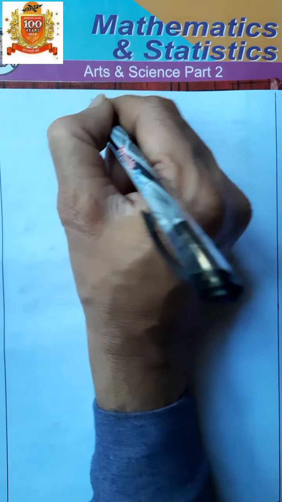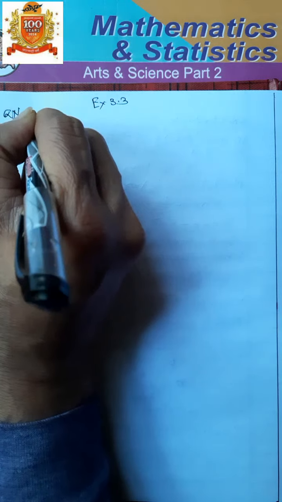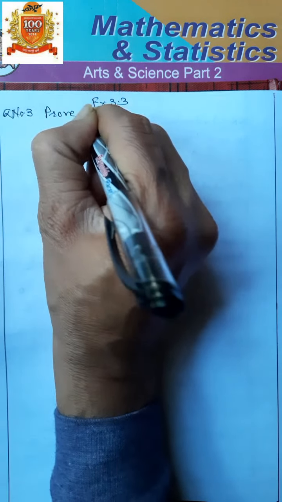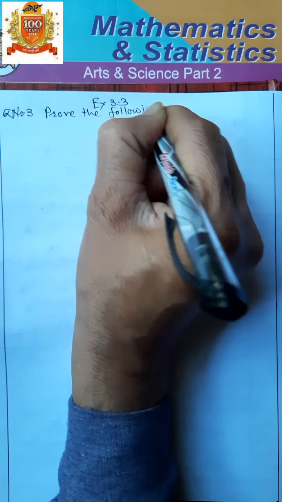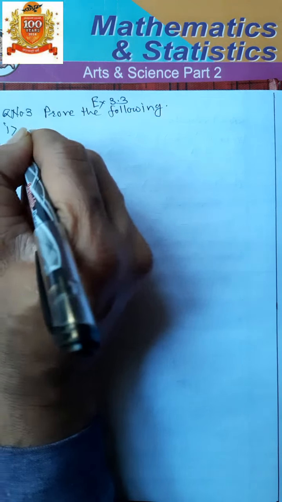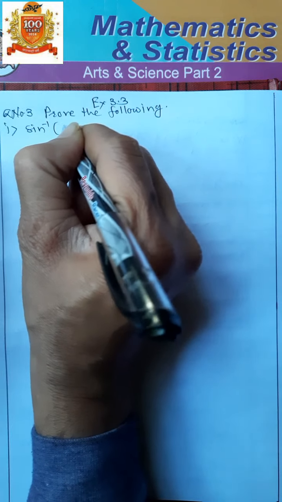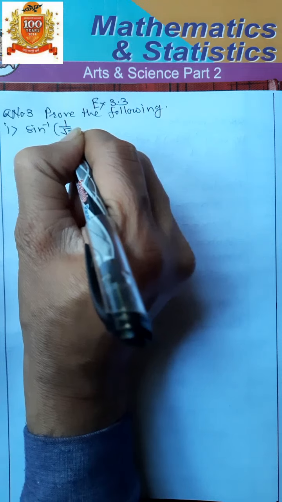Let us see exercise 3.3, question number 3. Prove the following. First question, sine inverse of 1 upon root 2.